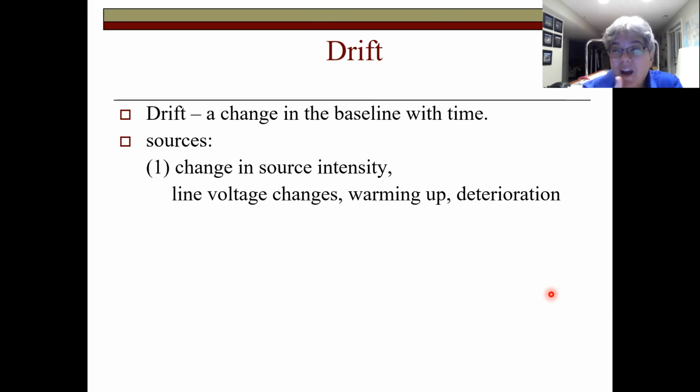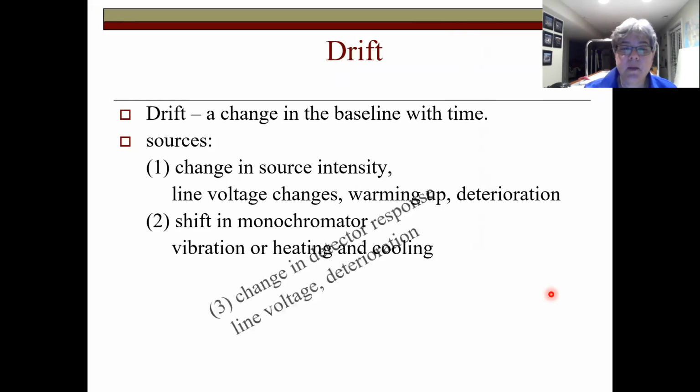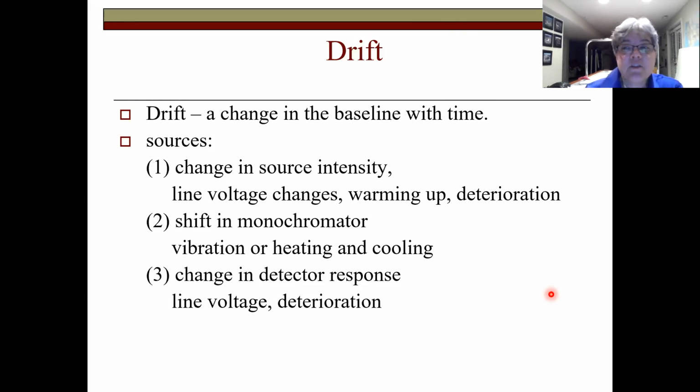One, the most common, is that your source intensity changes with time. You know, sometimes you turn it on and then as it's on longer, the source gets brighter. Or if your source is getting old, it might start to get weaker with time. Okay, you can also get drift if the monochromator is changing, it's heating or cooling with time or vibrating, or if the detector response is changing with time.